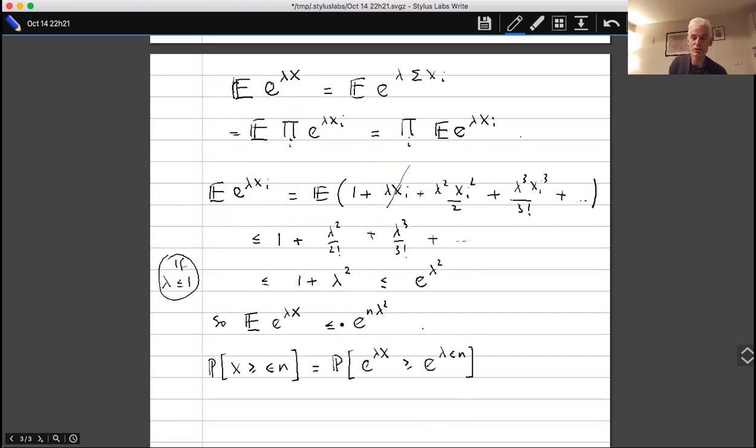But because the average is at most e to the n lambda squared, that's certainly at most e to the n lambda squared divided by this. That's what Markov's inequality tells us.